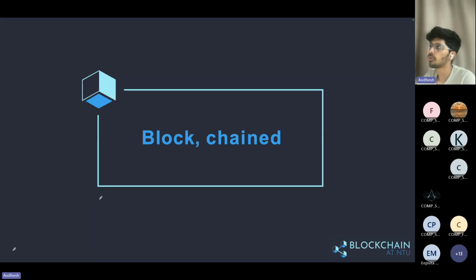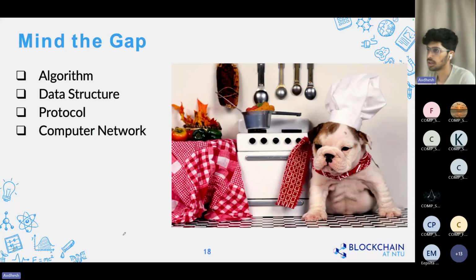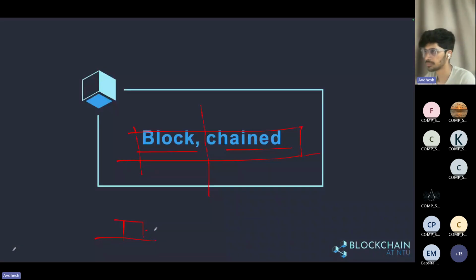So what does blockchain mean? Let's divide the two words, block and chain. It's like a chain of blocks where all the ledgers are stored in a system called a block.